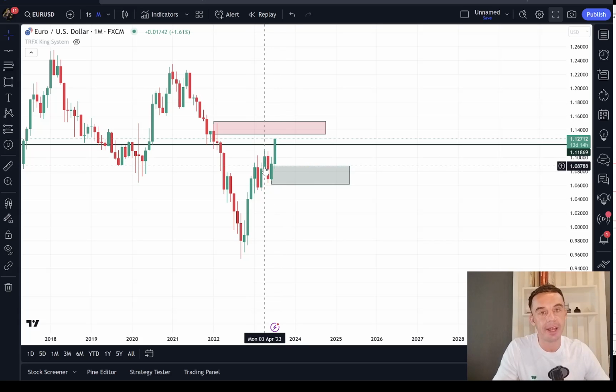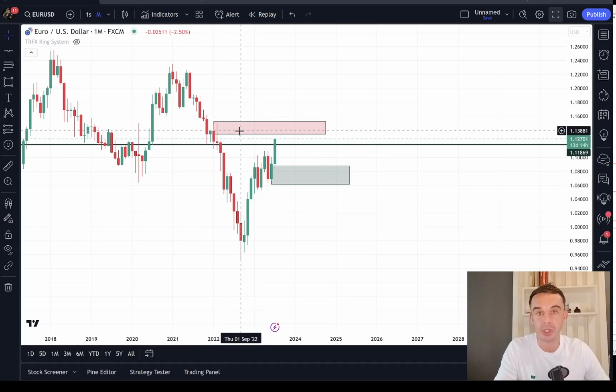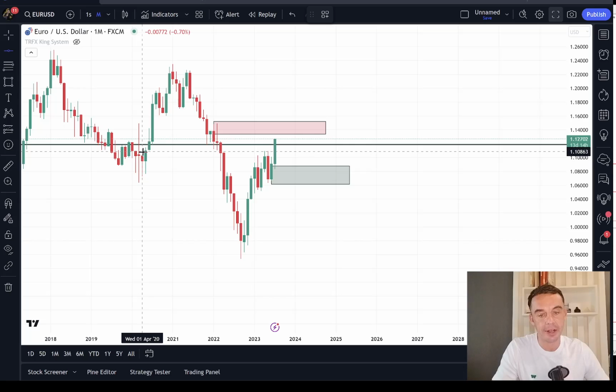It's an area where there's been institutional buying before and it's likely to happen again. Here, there's been institutional selling before, so we should expect sellers to come in, either short term or long term, for a pullback. And we want to mark this high that has just been taken out.